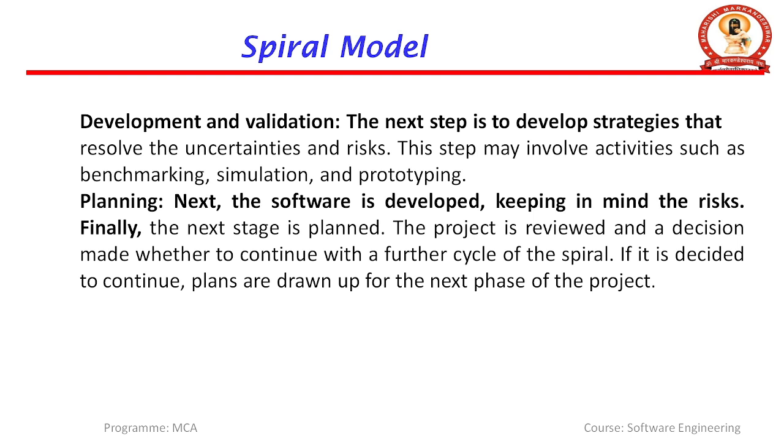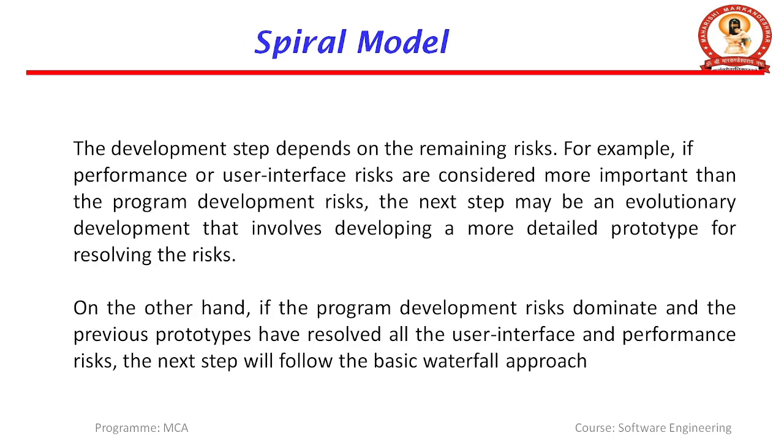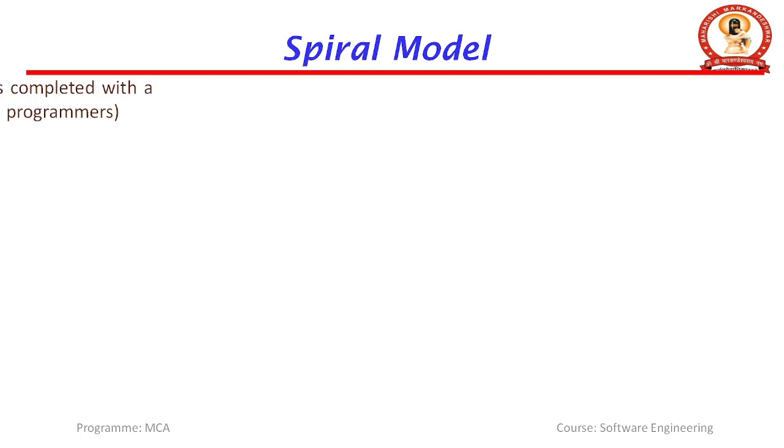And on the next cycle, we get to know about the risk factor. Finally, the stage is reviewed and the decision is made for the further cycle: whether I would like to revolve one more cycle for the spiral model or not. This is just an example of how we use the spiral model inside a company.